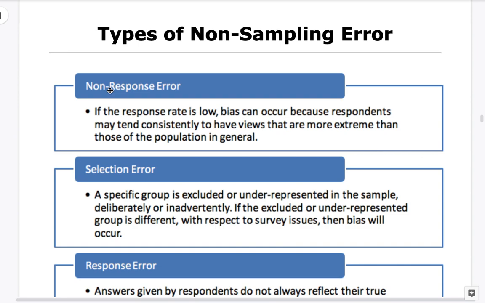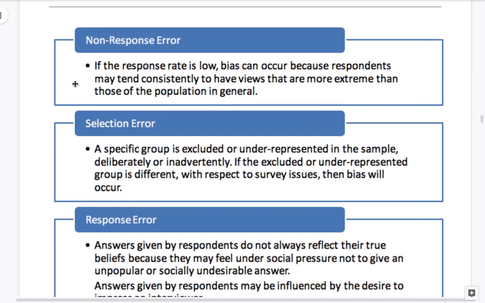That tells me there's a lot of information that I don't know, and those that didn't respond could think quite differently to those that did respond. Okay, so that's what non-response error is.